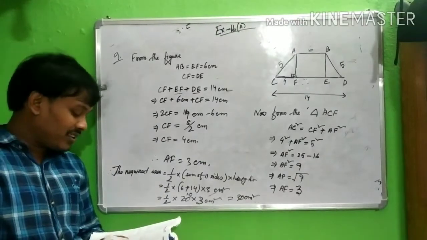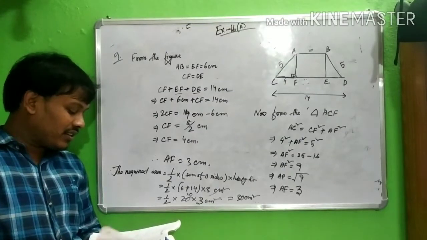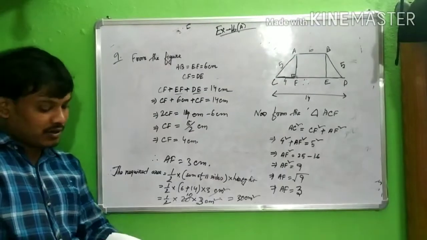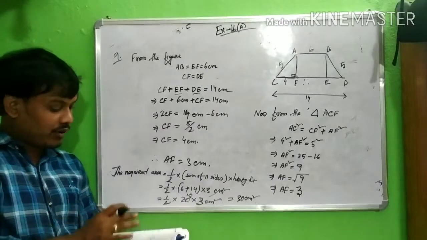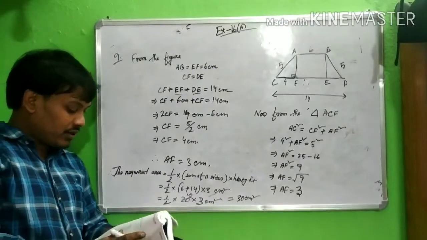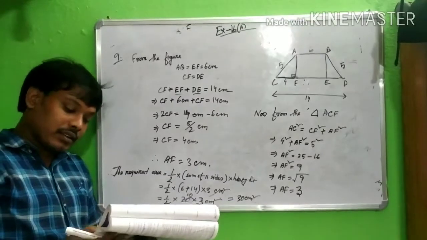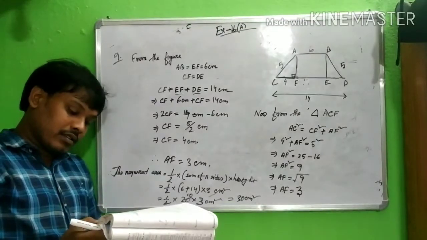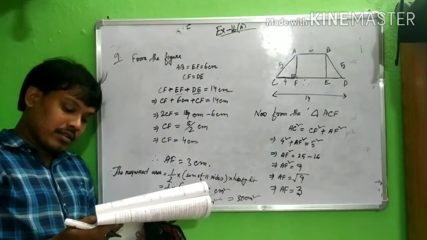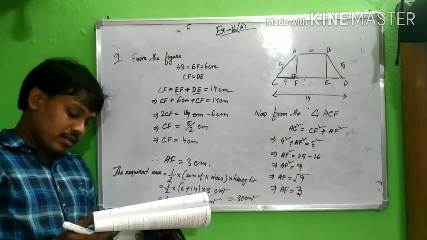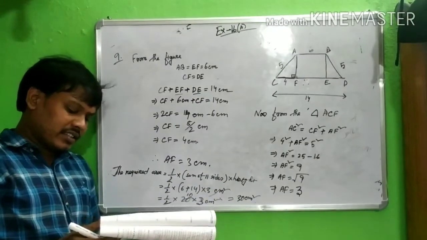We forgot 4 number, 20 centimeters. 4 numbers we did not solve. 3 number, 36.